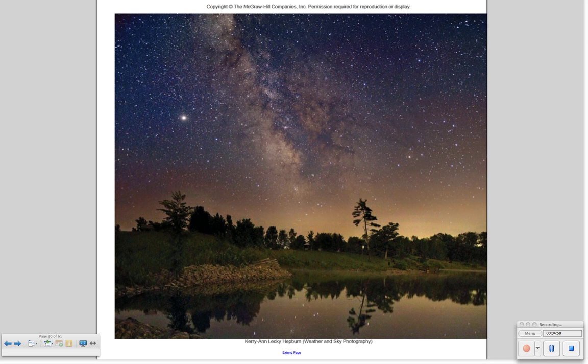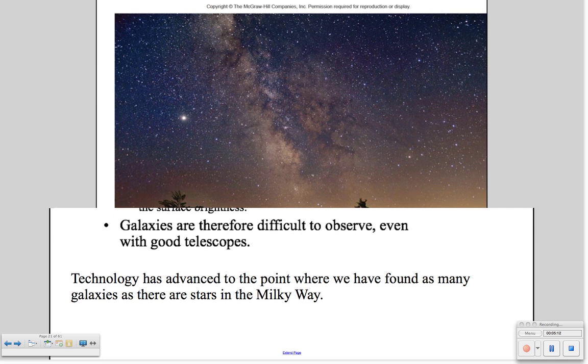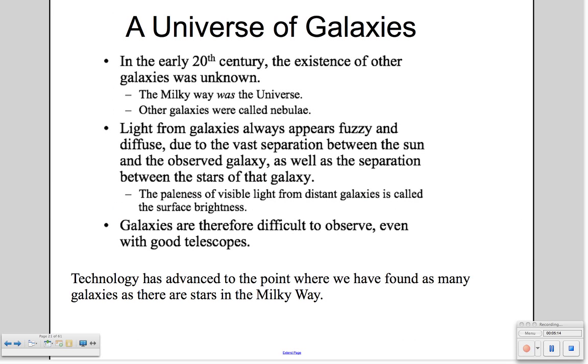This is a view of the Milky Way galaxy as seen from Earth. And again, we're looking toward the center of the galaxy. Normally, because the galaxy blocks anything beyond it, we cannot see other galaxies in this direction. In the early 20th century, the existence of other galaxies was unknown. Our Milky Way was the universe at that point.